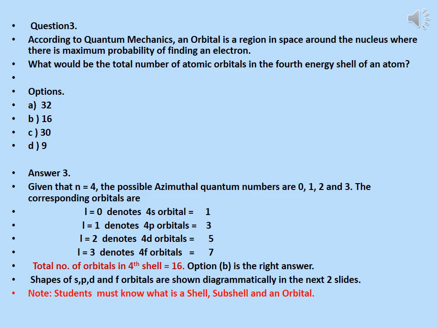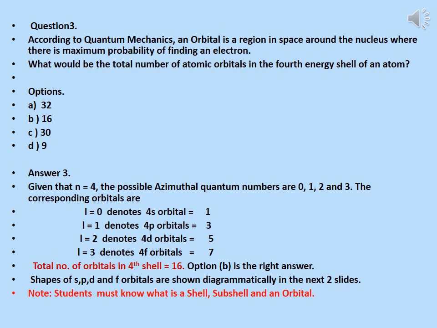If you consider the s orbital, because it is spherically distributed, there is only the possibility of one s orbital. But if you consider dumbbells, p orbitals, they are of three types. The dumbbells can be oriented along the x-axis, then it's called the px orbital.